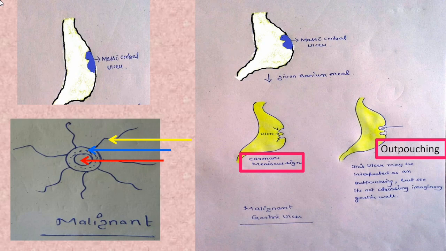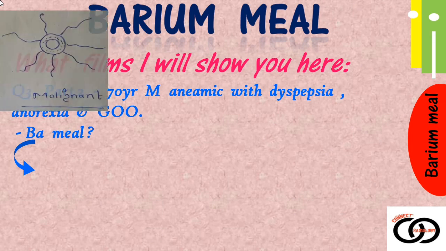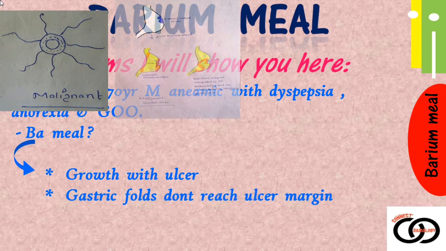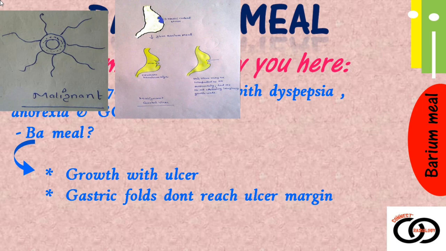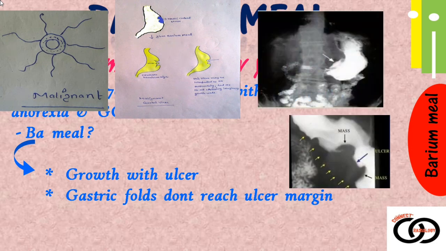Hope you understood. Now see the barium films. Okay, see these barium films. All these I have already explained. Growth with the ulcer, gastric folds don't reach the ulcer margin. See this picture, I have already explained. I have already explained the Karman meniscus sign and the malignancy seen as an outpouching, but it doesn't reach the gastric wall.